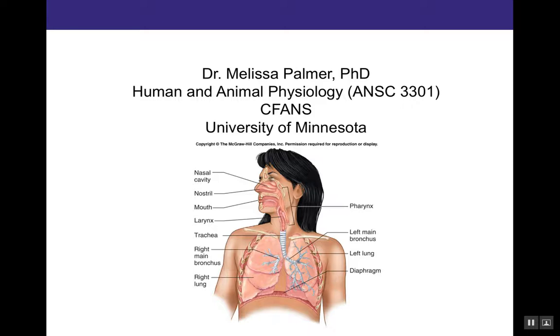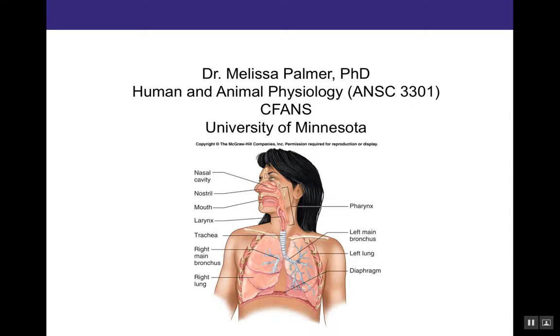Okay, so let's start off with some of the normal gas pressures. Last time we talked about partial pressures and how to calculate partial pressure. Remember that it is the atmospheric pressure times the percentage of a particular gas in normal air. I want to first concentrate on the partial pressure of oxygen.